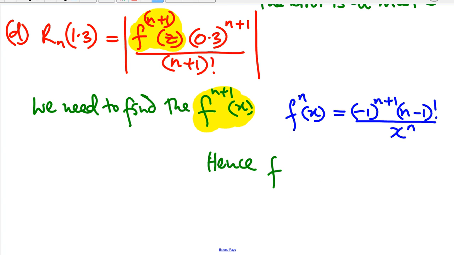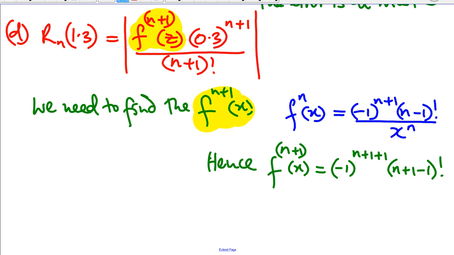So that will be negative 1 to the power n plus 1 plus 1, and then (n plus 1 minus 1) factorial over x to the power n plus 1.